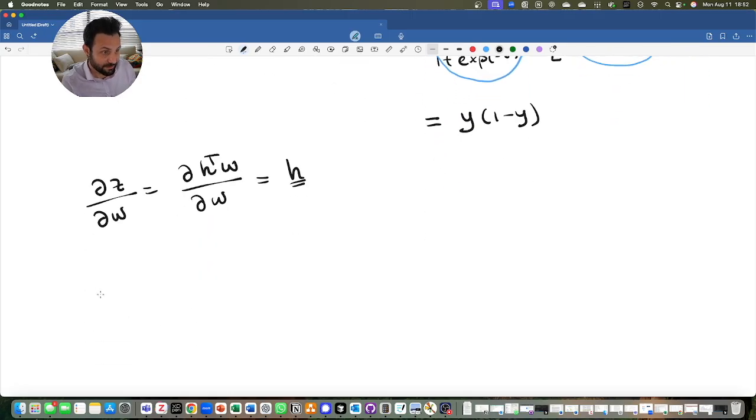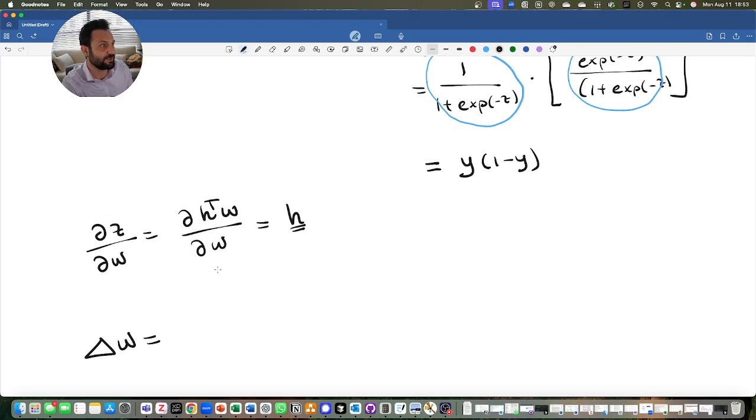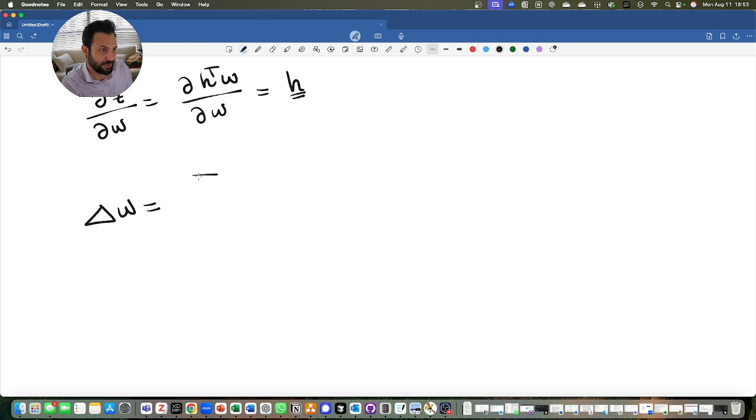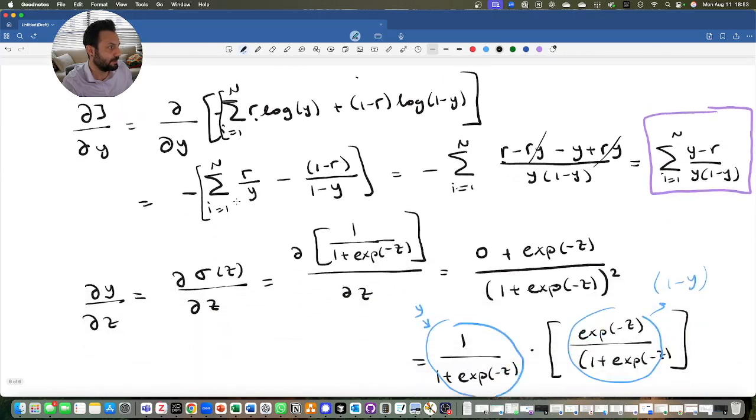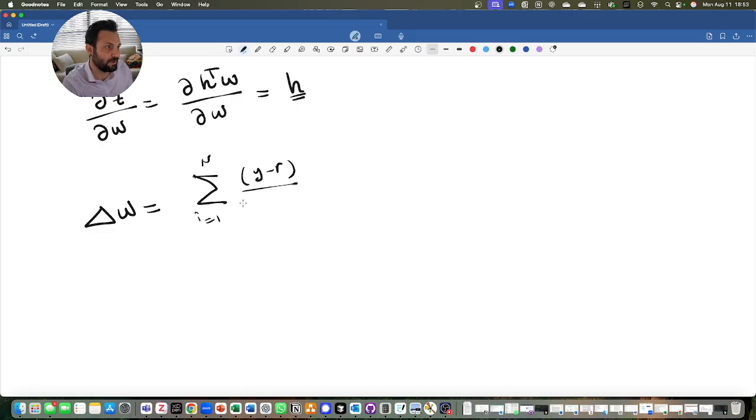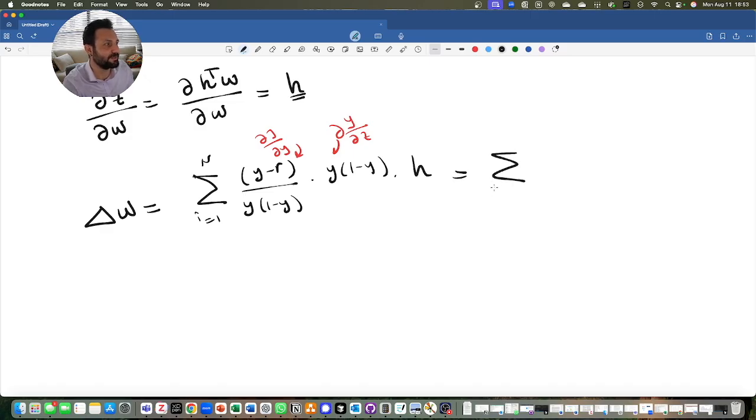So my delta w, which is my step to learn, becomes all of a sudden the summation over i equals 1 to n of y minus r, y times 1 minus y times 1 minus y, and this is from dy over dz, and this is dJ over dy, and times h, whatever that w talks to, and all of a sudden it becomes exactly the same thing as y minus r.